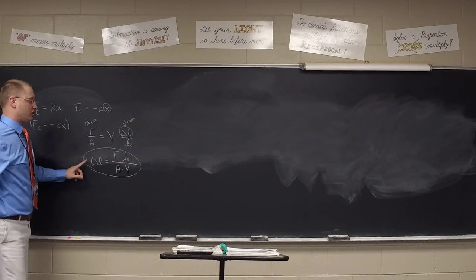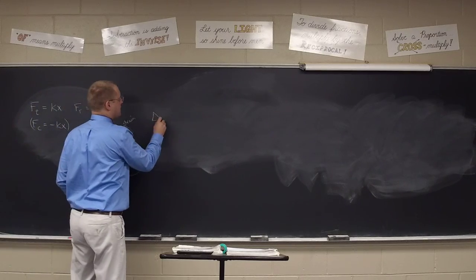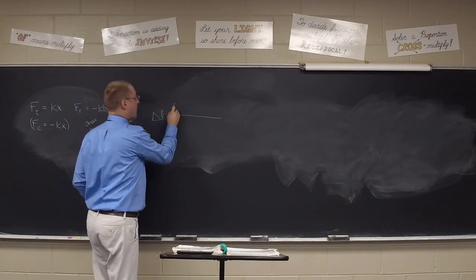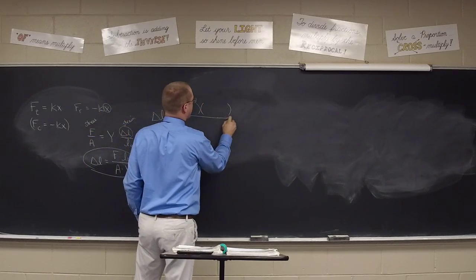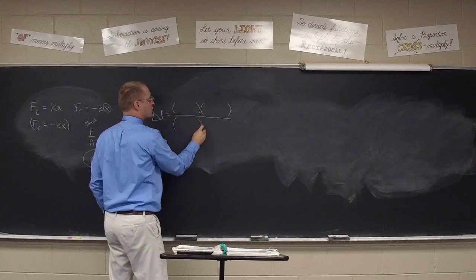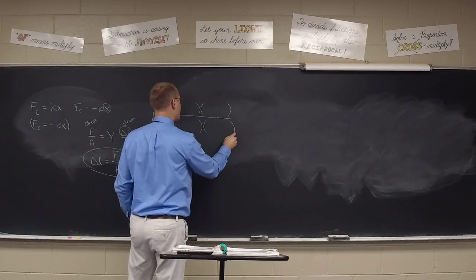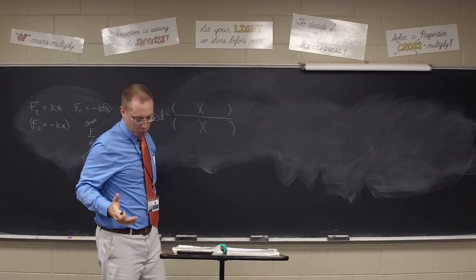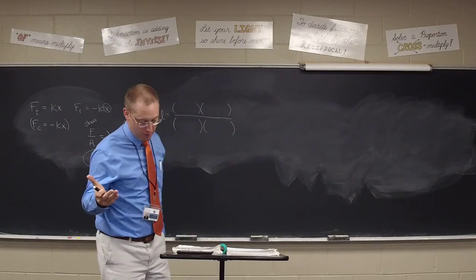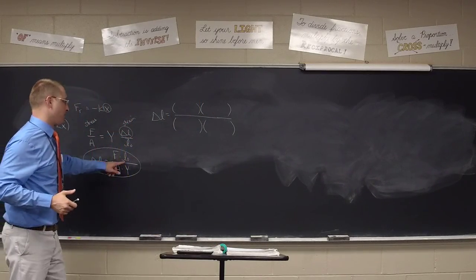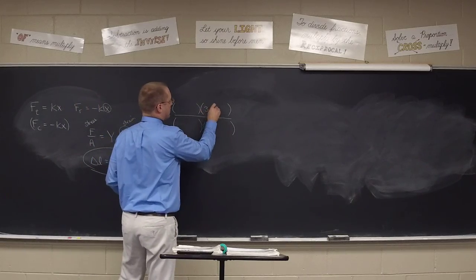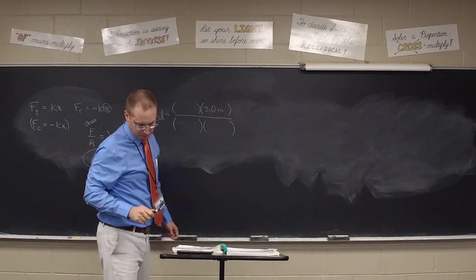So we're finding this change in length, and we need to plug in all the numbers we know. We need to know how much tensile force is being applied, the original length of this thing, the cross-sectional area, and Young's modulus. Well, it tells us the length right off the bat: 3 meters. So for the L sub O, we can put in 3.0 meters.